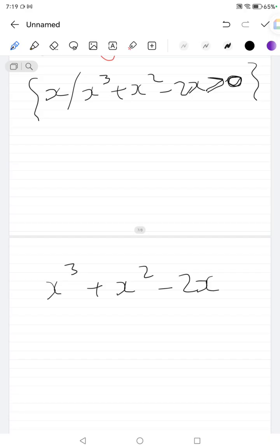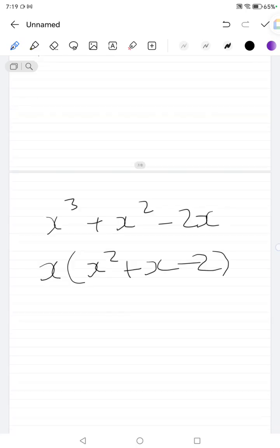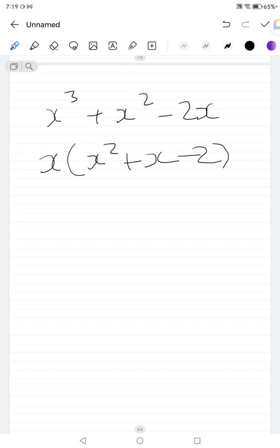We have to break this one down. If we were to factor this, you can definitely see that we can factor the x out, so we have x into your x squared plus your x minus 2. Can we simplify this further? Yeah, we can. You're going to have your x into, okay, you have your minus 2, you're going to have your minus 1 and plus 2.